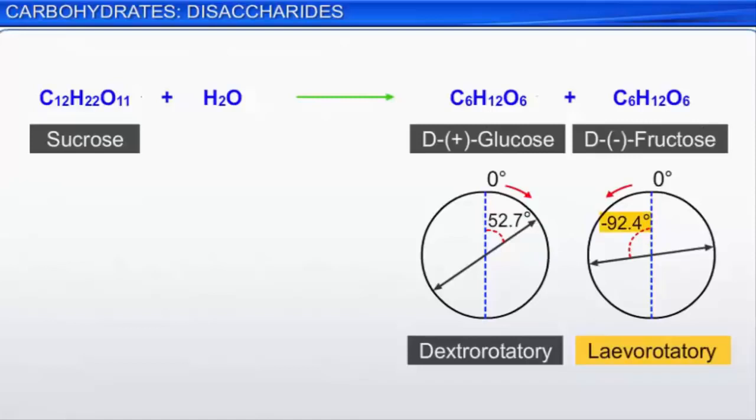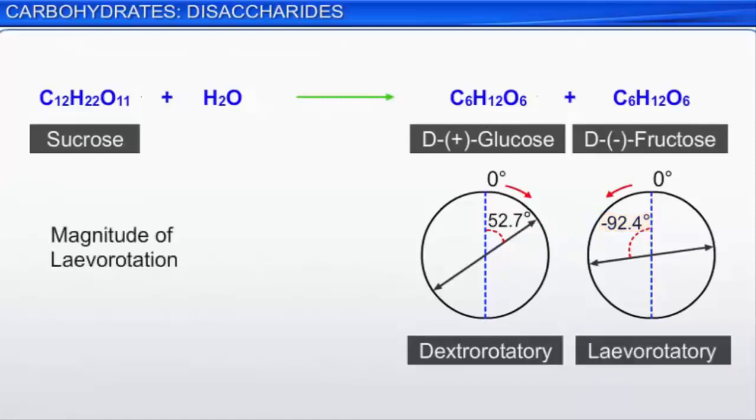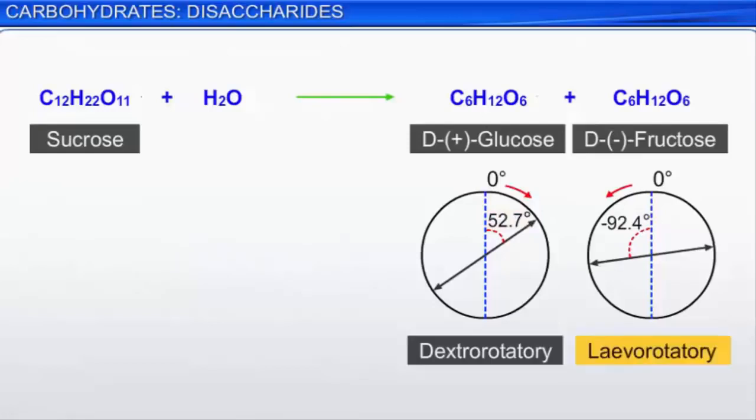As the magnitude of levorotation of fructose is greater than the magnitude of dextrorotation of glucose, the mixture obtained by the hydrolysis of sucrose is levorotatory. The sign of optical rotation changes from dextrorotatory to levorotatory during the process of hydrolysis. This is called the inversion of sugar.